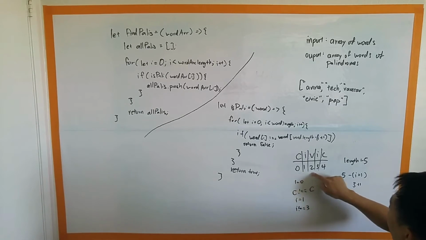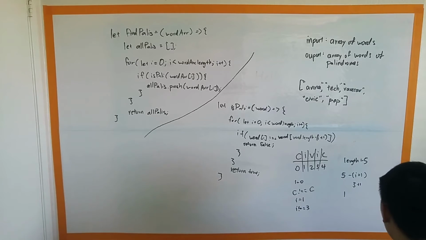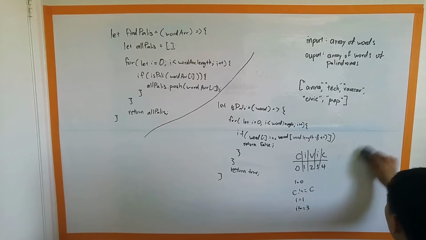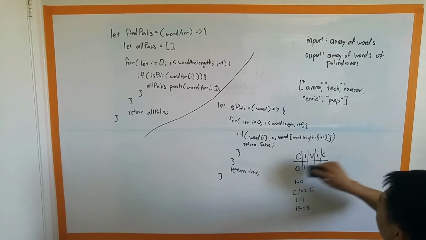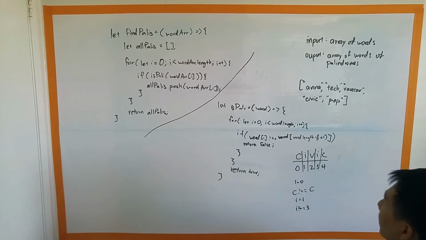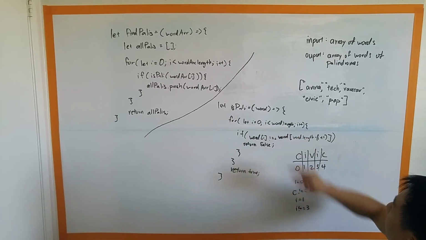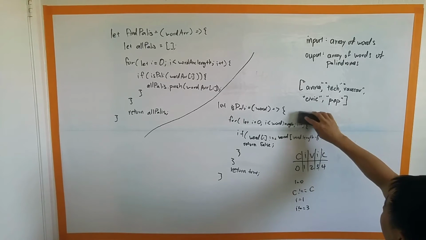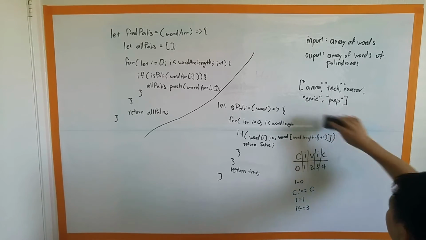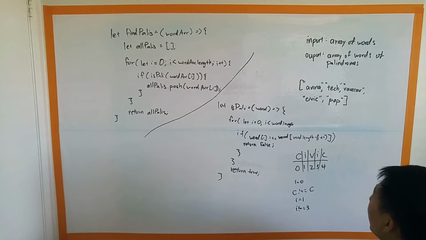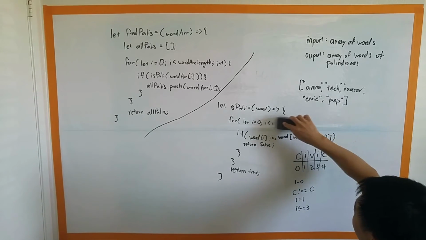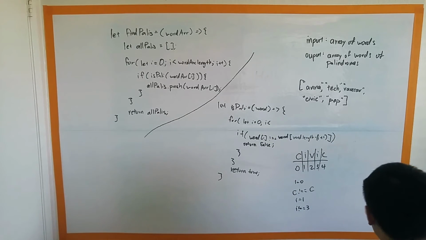Because once we check the halfway point, why would we want to check the other half? Because we know that if it passes the first half, it's definitely going to pass the second half again. And so we want to complete this only until word.length over 2. And for that, we definitely want to floor it, because we will get some kind of decimal point if we don't.